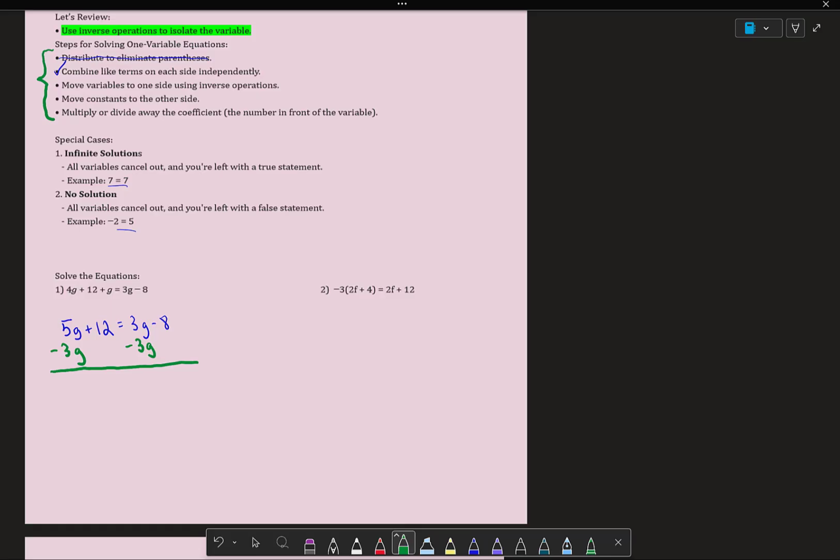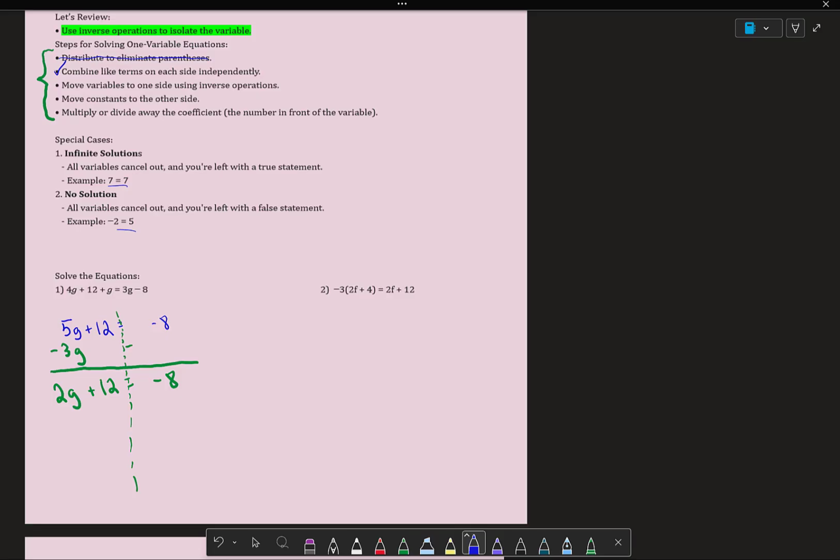When we do this, we end up getting 2g plus 12 equals, let me do my vertical line right down the middle. These 3g's cancel and give us 0, and then we'll drop down the negative 8.